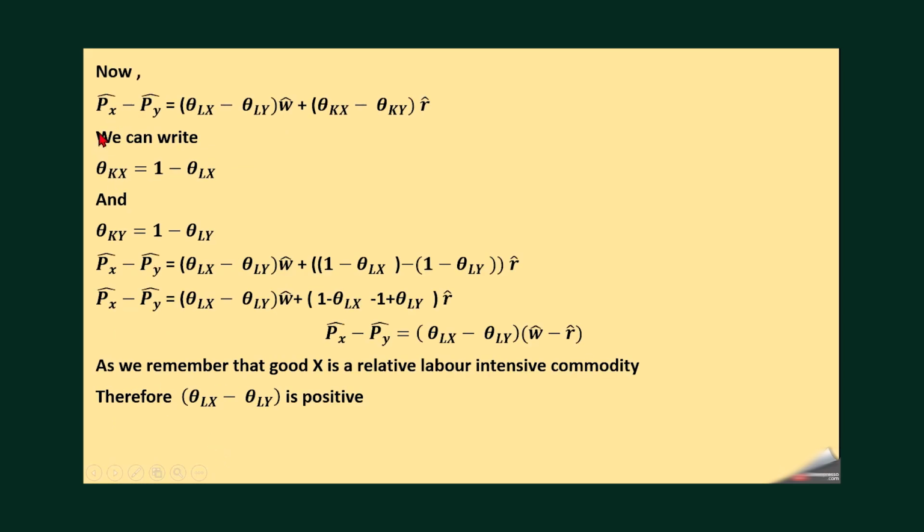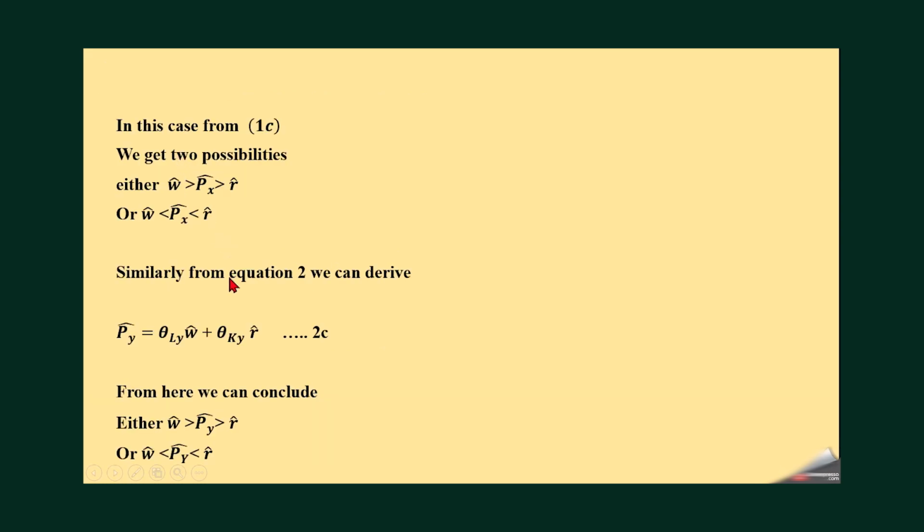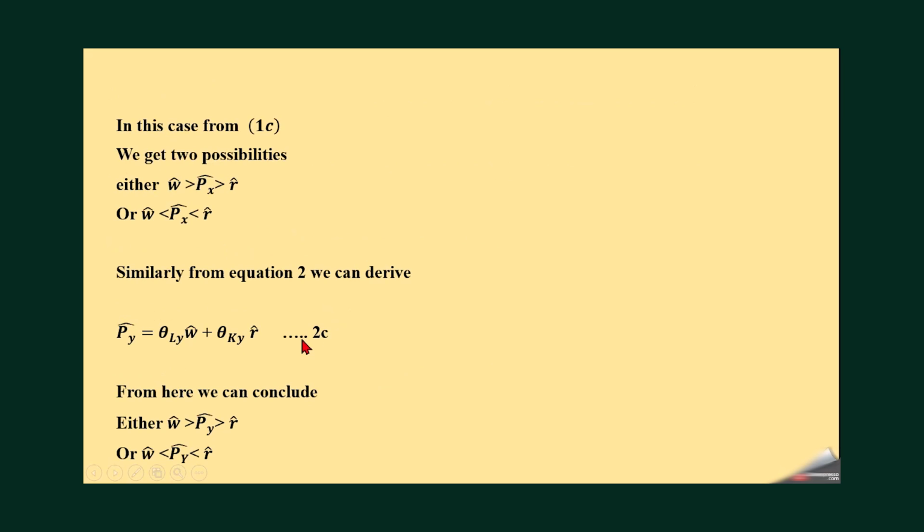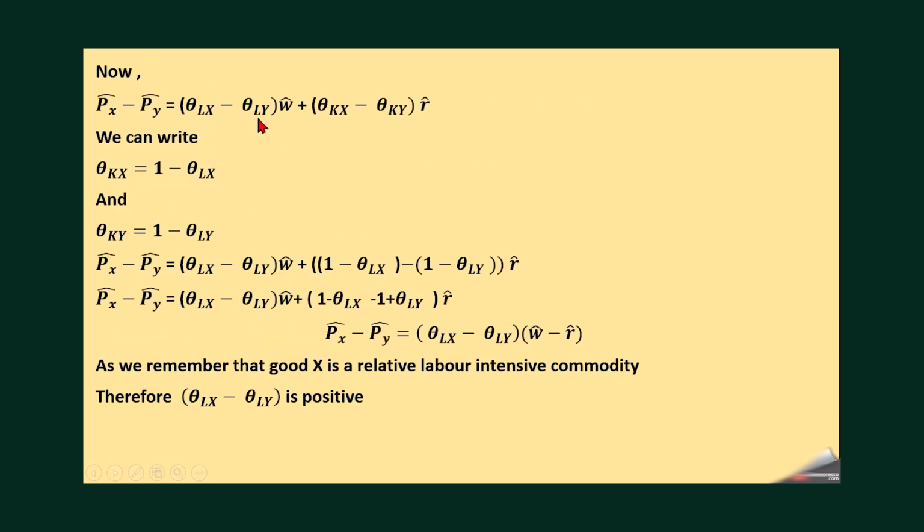Now, we can write Px hat minus Py hat by subtracting equation 2C from equation 1C. We get theta LX minus theta LY times W hat plus theta KX minus theta KY times R hat. Remember, theta LX plus theta KX is equal to 1, so theta KX is equal to 1 minus theta LX. Similarly, theta KY is equal to 1 minus theta LY.